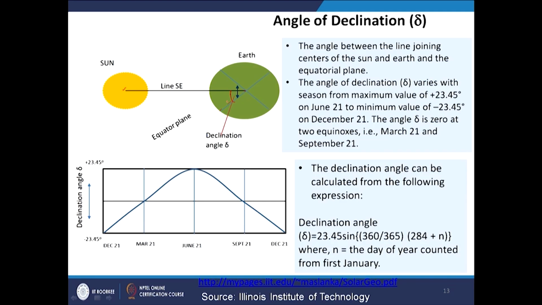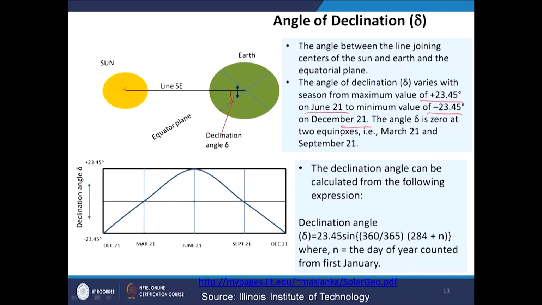As we know, the maximum value is plus 23.45 degree on 21st June and the minimum is minus 23.45 degree on December 21. On the equator, the declination angle del is 0 at the 2 equinoxes, that is March 21 and September 21.